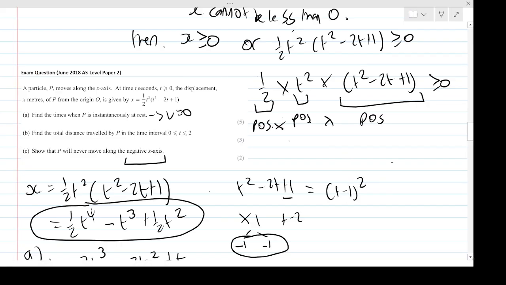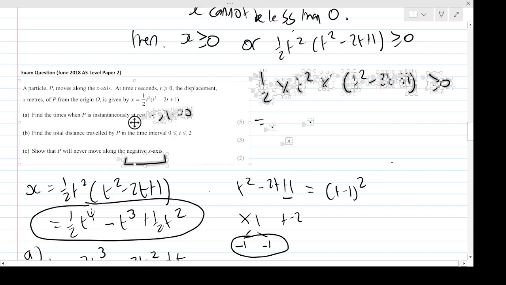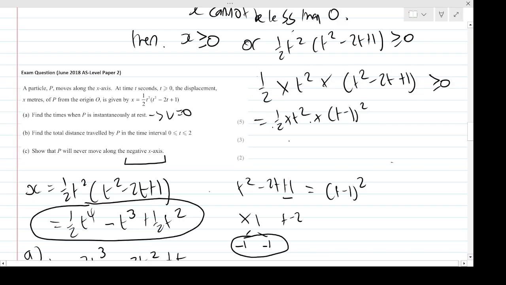So alternatively, if I get rid of this, we could say this is equivalent to a half times t squared times t minus 1 all squared. And that has to be greater than or equal to 0.